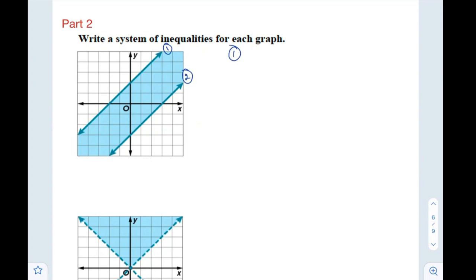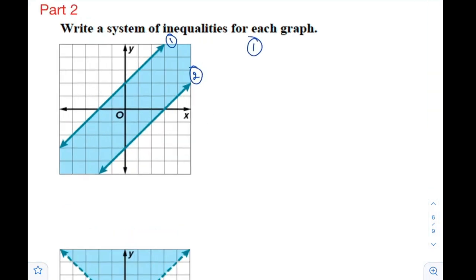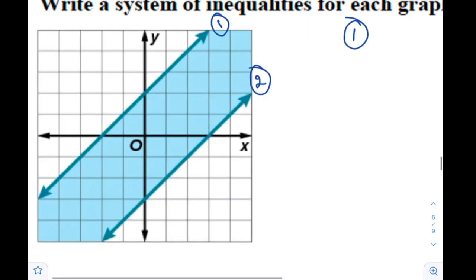Let's take the equation for the first line. Now let's use the simplest way. If you look at line number 1 here, we can say that the y-intercept, which we always call B, is 2. And the slope here is rise over run.